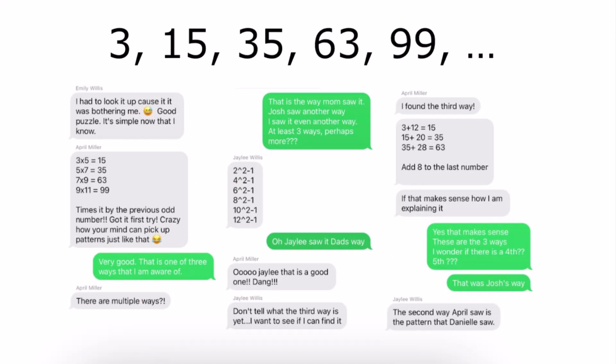And I'm going to use this example that I shared in the last video about the sequence that my dad texted to our family group chat to show you how this process works. Specifically, I'm going to show that this pattern and this pattern will always create the same sequence.